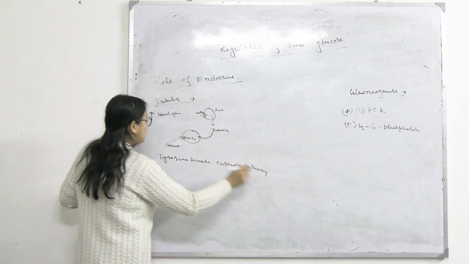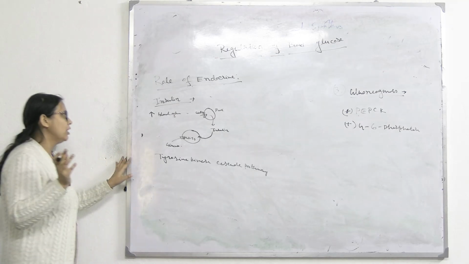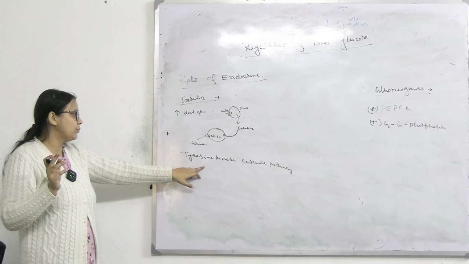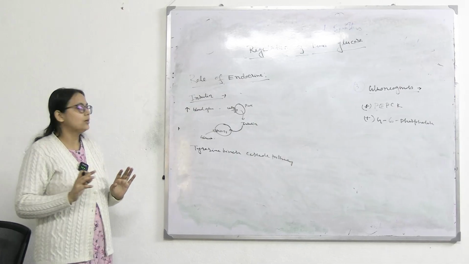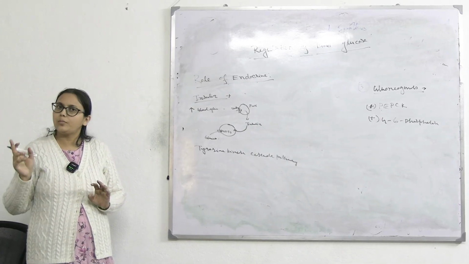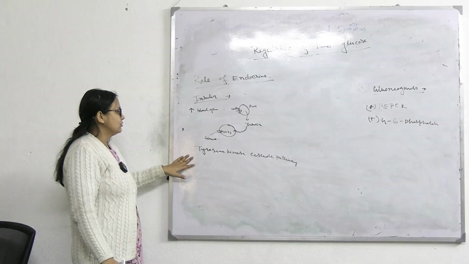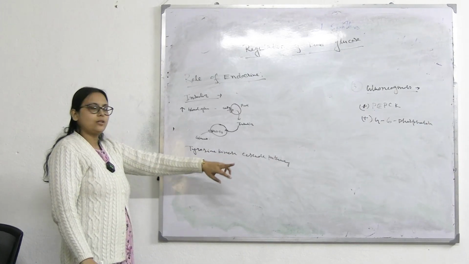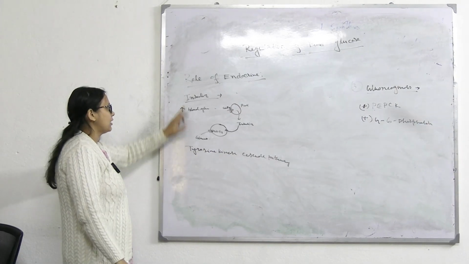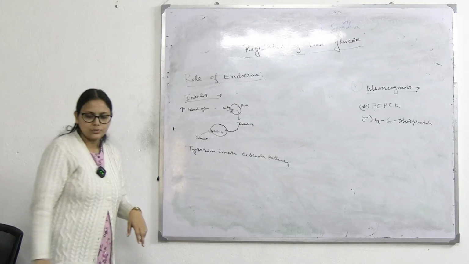You will read details in future. For the time being, just remember tyrosine kinase cascade pathway. It is a long pathway. For glucagon, it was a G protein coupled receptor, and for insulin the mechanism is the tyrosine kinase cascade pathway. By using this pathway, insulin works.